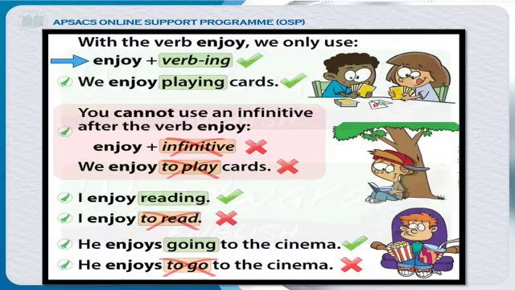For example, with enjoy, verb plus ing will be used. That is, we enjoy playing cards. We will not be using an infinitive with such a verb. That is, we cannot say that we enjoy to play cards.